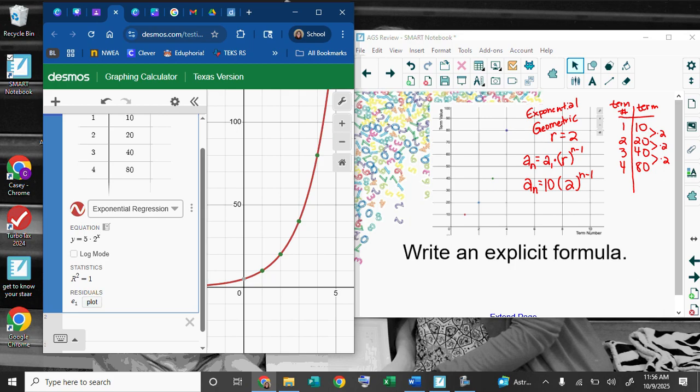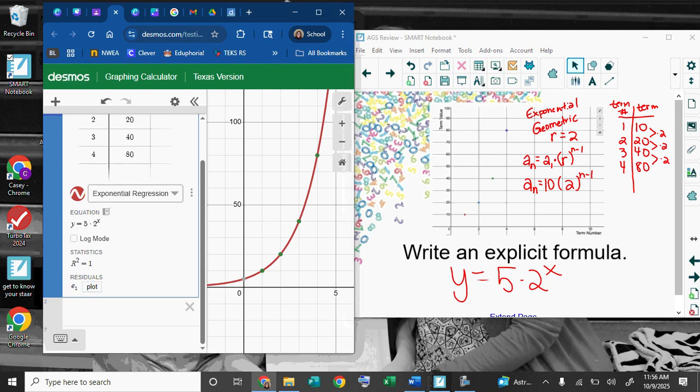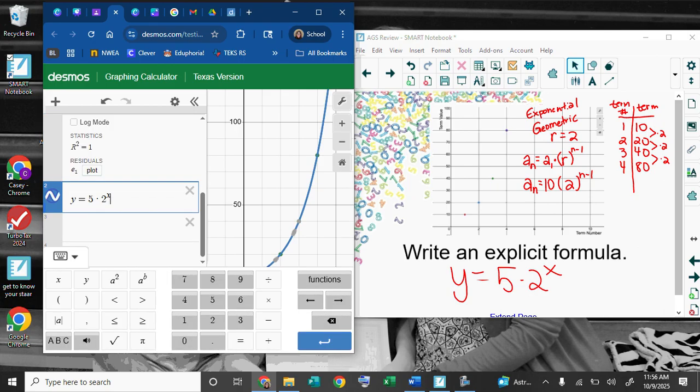Then here is my equation. Y equals 5 times 2 to the x power. If you want to see if what we got before is the same as that one, remember here you can do this and get it in your table.